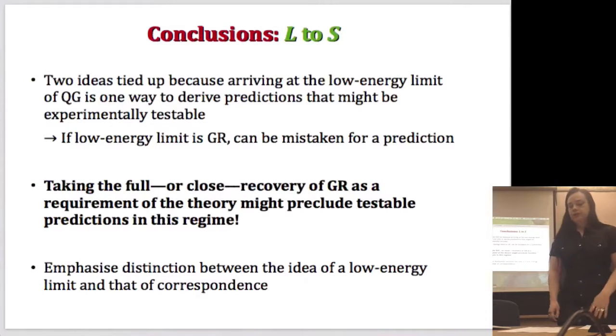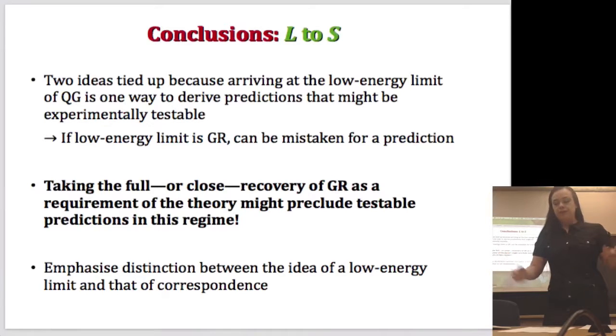So I think these two ideas have become tangled up because obviously one of the ways that we could possibly get testable predictions from quantum gravity is arriving at a low energy limit. And if this low energy limit is just general relativity, then we can see how we've confused it for a prediction.